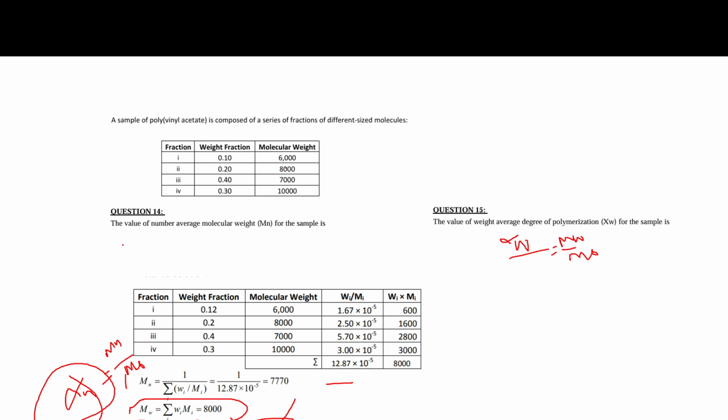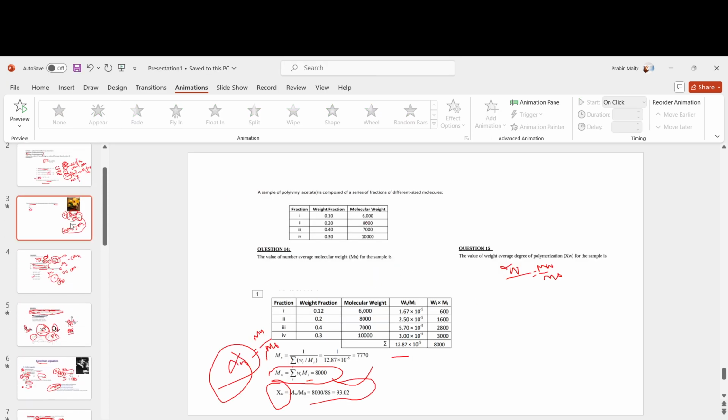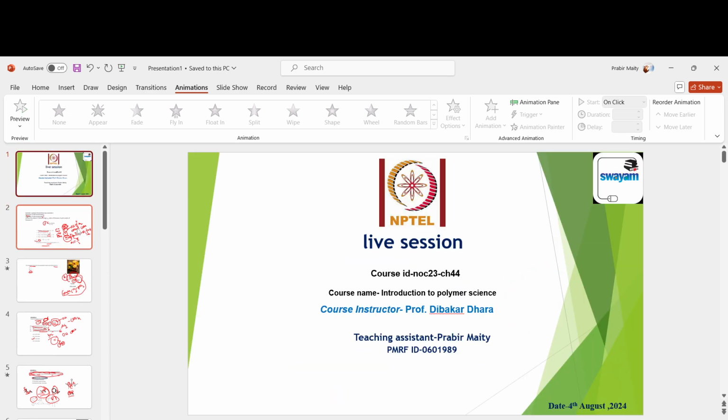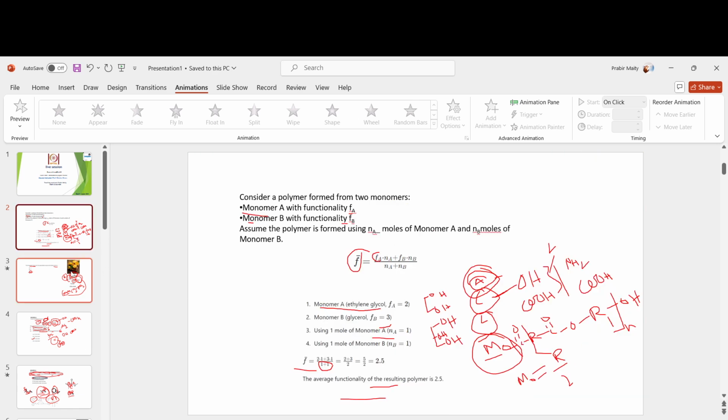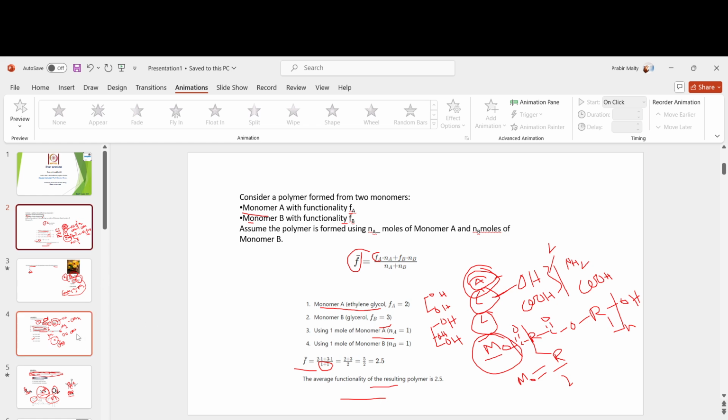Which will be helpful for you: if I talk about some basics around this question first, then solve the problem, or I directly solve the problem?